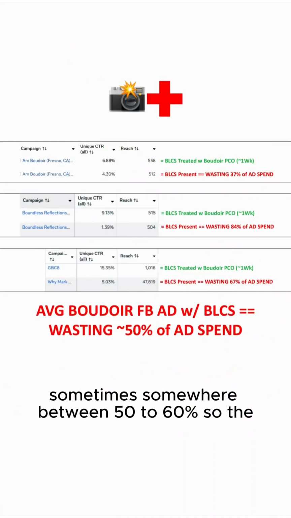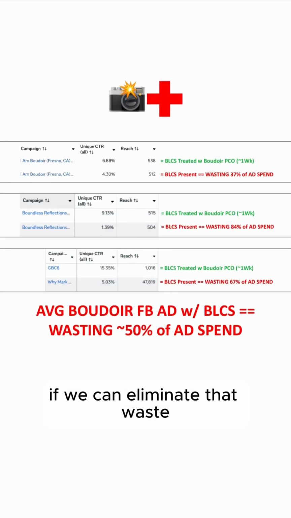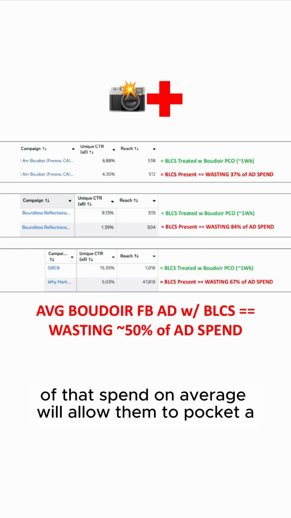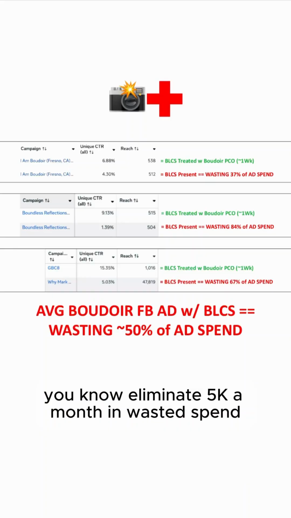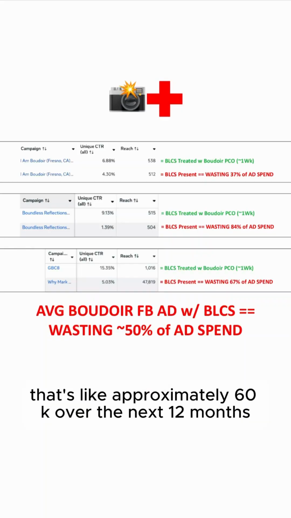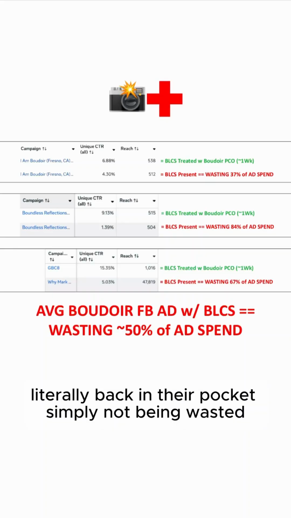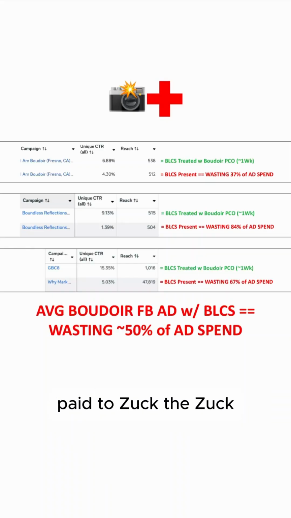If they're spending 10 grand a month on Boudoir Facebook ads, and we can eliminate that wasted ad spend, we'll allow them to pocket 5K a month, and that's approximately 60K over the next 12 months. Literally back in their pocket, simply not being wasted, paid to Zuck.